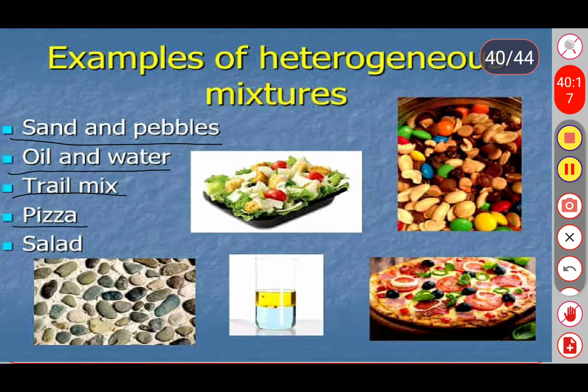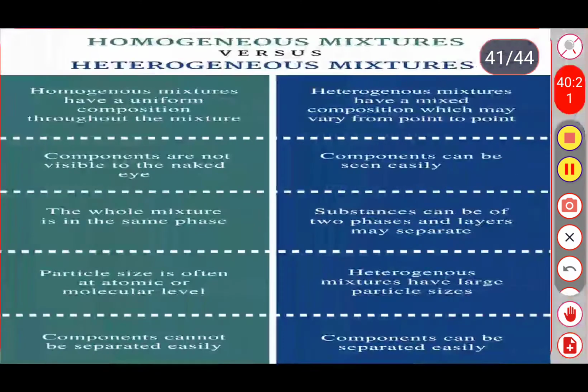Let's see the differences between homogeneous and heterogeneous mixtures. These differences are very important from an examination point of view. First, a homogeneous mixture has uniform composition throughout the mixture. A heterogeneous mixture has a mixed composition which may vary from point to point.